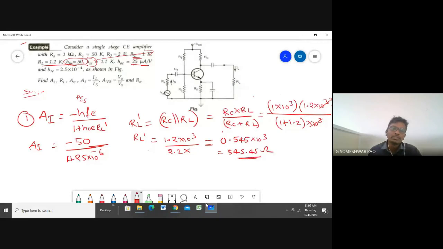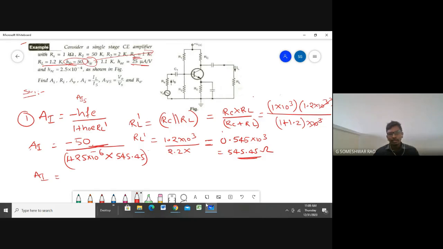So multiply this one with the 545.45. So if you multiply and cancel some value here, so what is the resultant value? Can you say something? Minus 50 by this value. Calculate and tell me. Sir, everybody should do it. If you do it only, then only you will understand what we are doing.